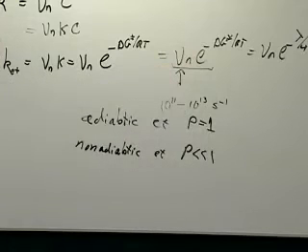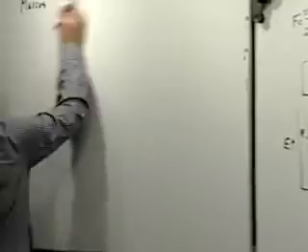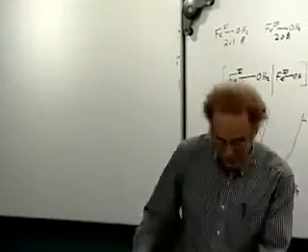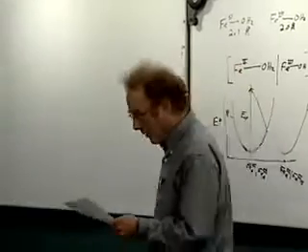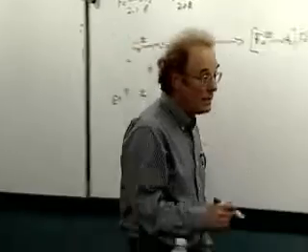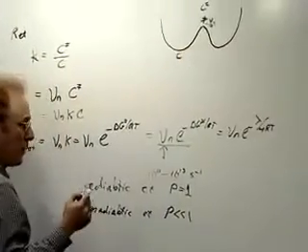And so you can then go back and look at how you calculate the probability for curve crossing. And so we're going to take results that were developed by Landau and Zener, and they developed a theory to calculate how likely you are to transfer between electronic states.